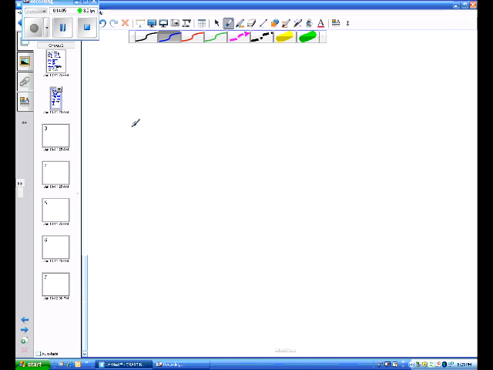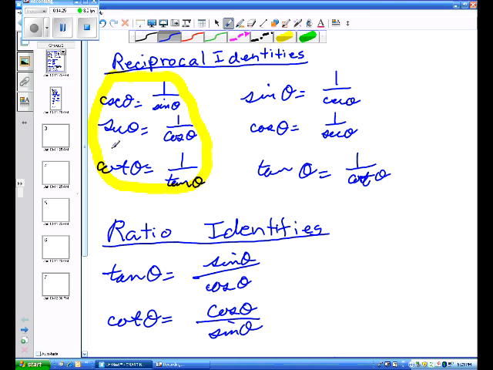Let's take the expression cotangent theta minus cosecant theta. Now we want these in terms of sine and cosine. So cotangent theta, and as you're doing these, you may have to look back every once in a while, but cotangent theta is cosine over sine.